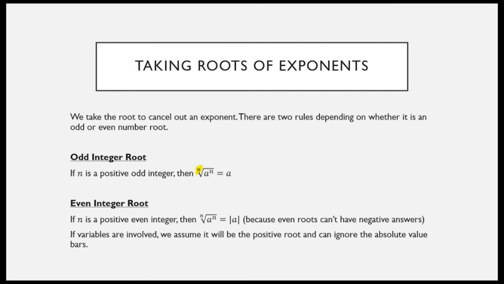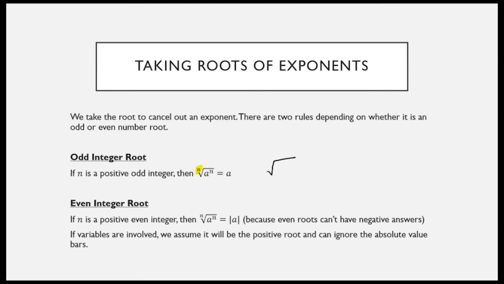And there are 2 ways we write our answer depending on if that index, the number above your radical symbol, is odd or even. If it's odd, then the symbols just cancel out and you're left with whatever number is underneath.